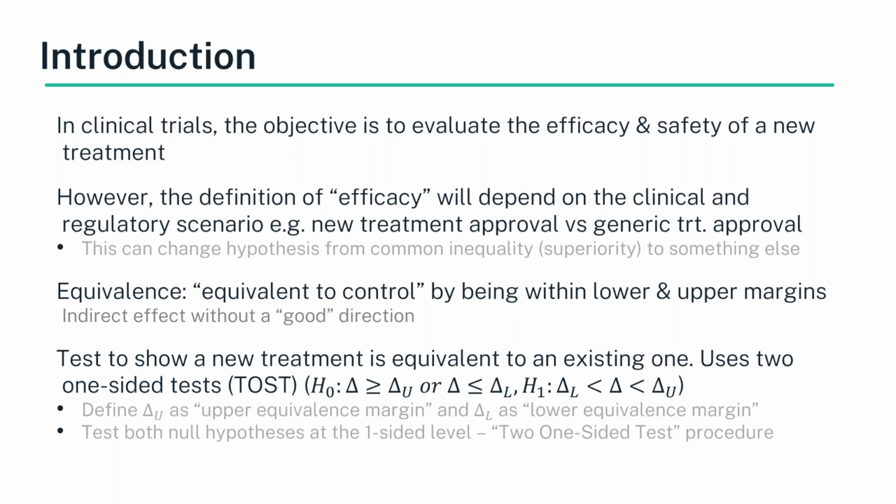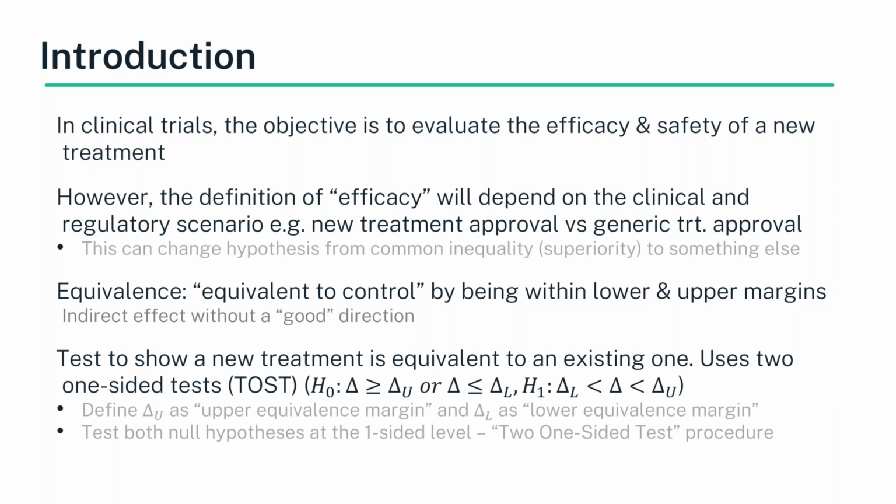So direct measure is something like mortality or blood pressure, where there's an obvious good direction. But indirect measures are something we're going to go into more detail in a minute, but essentially, there'll be things like the blood concentration of the drug in the bloodstream over time. And so there's no necessarily good direction for that. Instead, you want it to fall within lower and upper margins of equivalence that have been set by regulators.